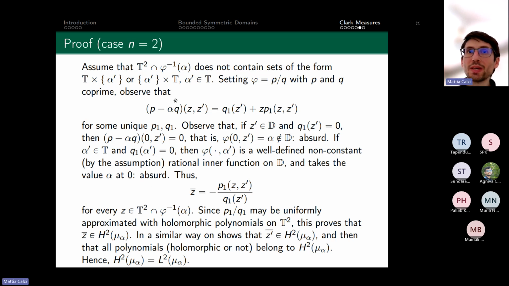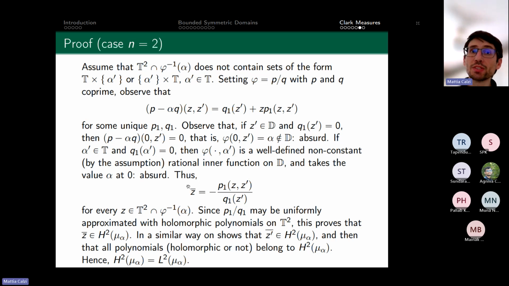And so what do we get? We get that this sum here is 0, mu alpha almost everywhere. So we may write the conjugate of z as a holomorphic rational function, mu alpha almost everywhere. And this rational function is defined on a neighborhood of the closed polydisc. So it may be uniformly approximated by holomorphic polynomials.